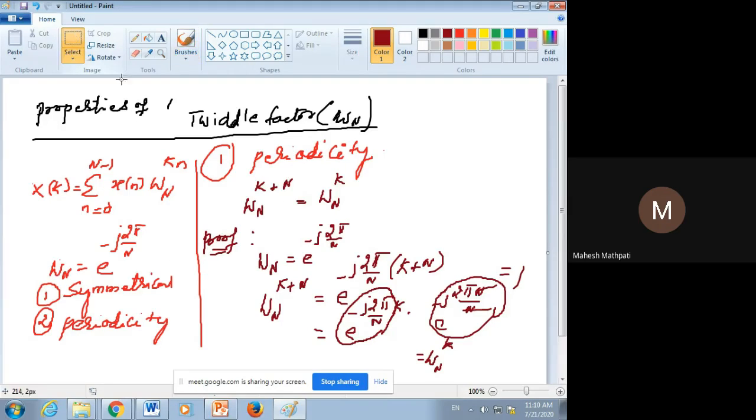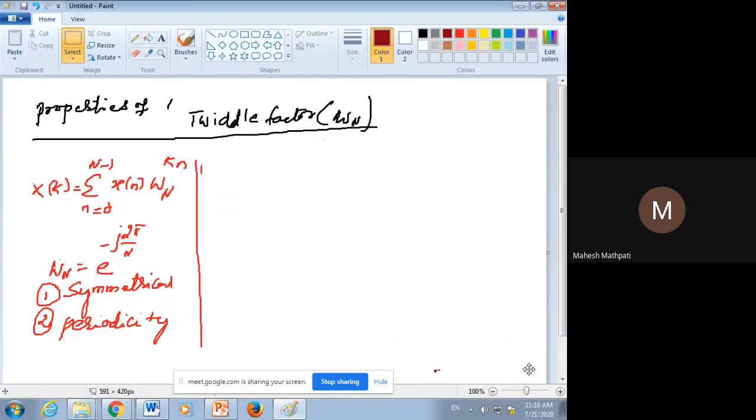Yes, sir. The second one we have is the symmetry property, the symmetry property of the twiddle factor WN.